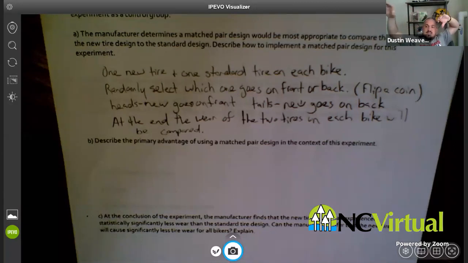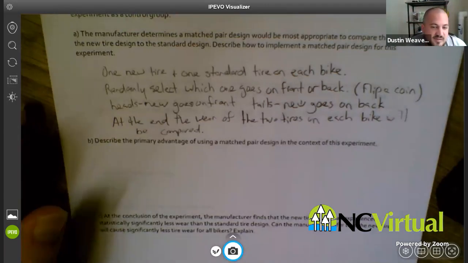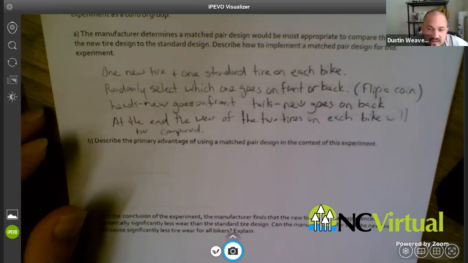But since we're putting the new tire and the standard tire on the same bike, then we have taken out a confounding variable. And the confounding variable here would be how much you actually use your bike. So we've actually got rid of that confounding variable because now we know it's going to get used the same because it's on the same bike.